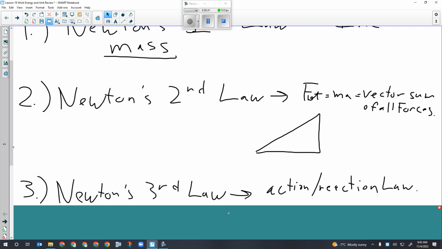And that's all sum of all forces, m times a, all of that kind of stuff, because sometimes I can't actually solve for the force they want, so I solve for the one that's equal but opposite to it, and that's all Newton's second law. So the math of Newton's third law is all Newton's second law, and then I just go, right, that one was forward, so the one I want is backwards. That's usually what happened in the ones that we did. So remember that Newton's third law doesn't have any math of its own. You're really still doing m times a and the vector sum of all forces for any Newton's third law problem.